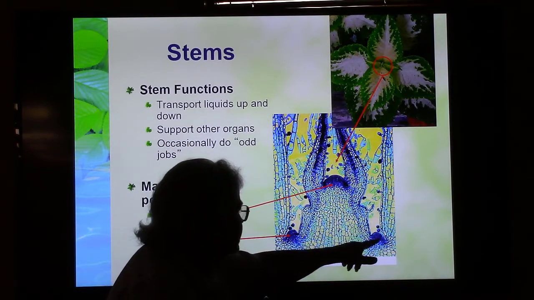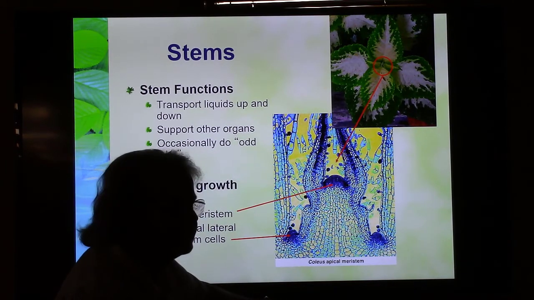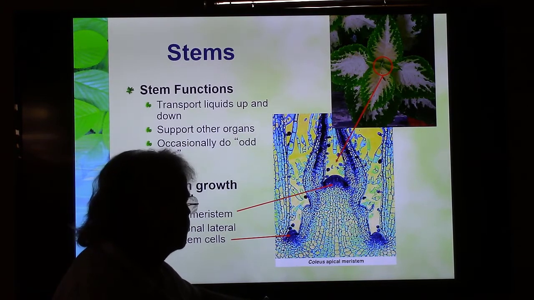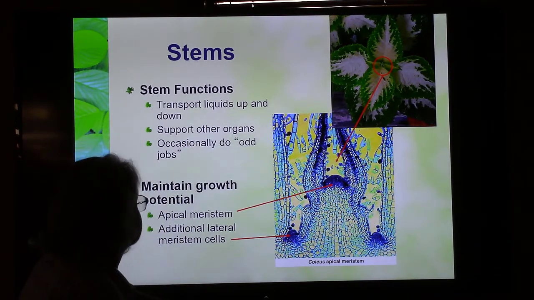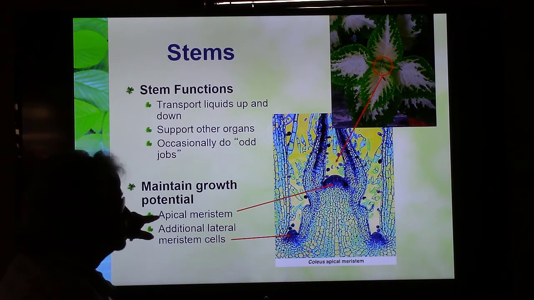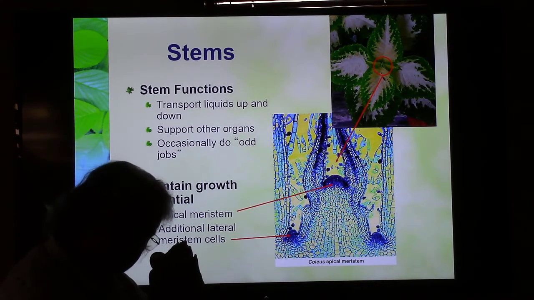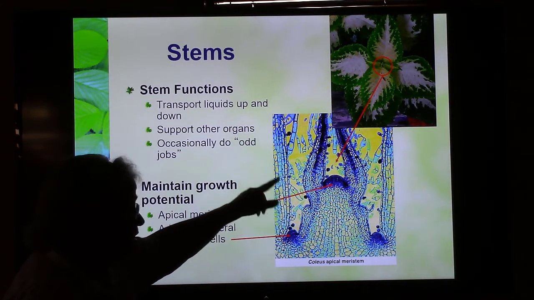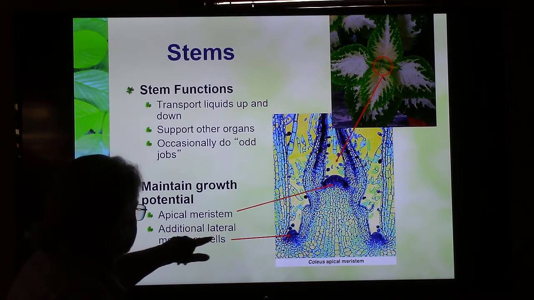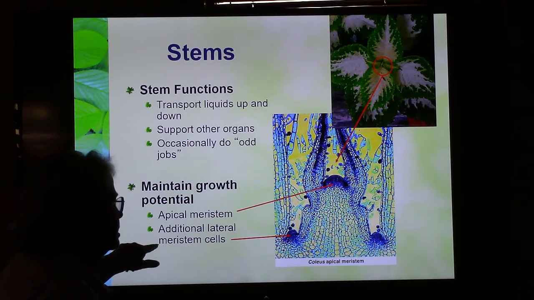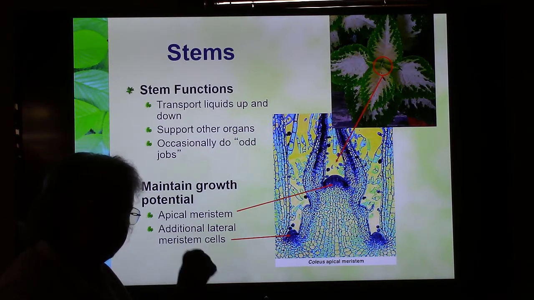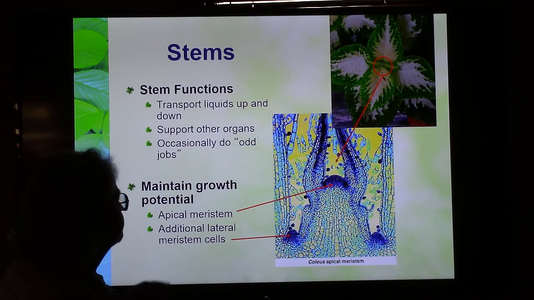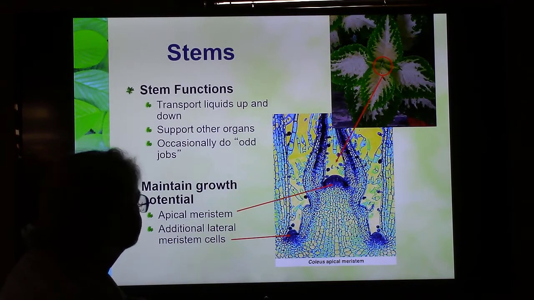The areas with the tiny cells are meristems. That's where the cell division and growth is taking place. Apex is the top of a triangle, so the apical meristem is at the very tip end of a stem, and the lateral meristems are the buds at the base of each leaf that will give sideways growth later on. So that's what we would see under the microscope.